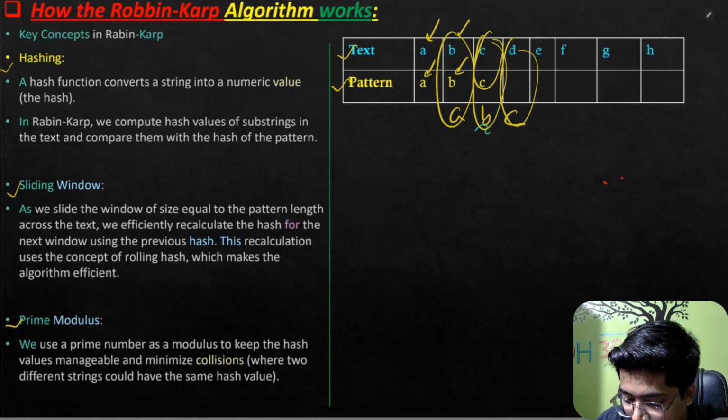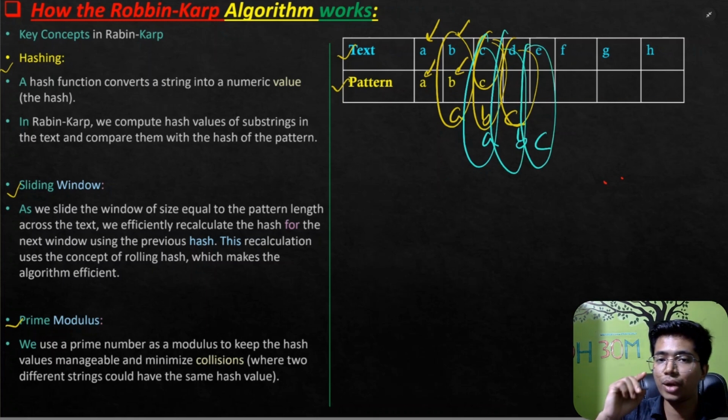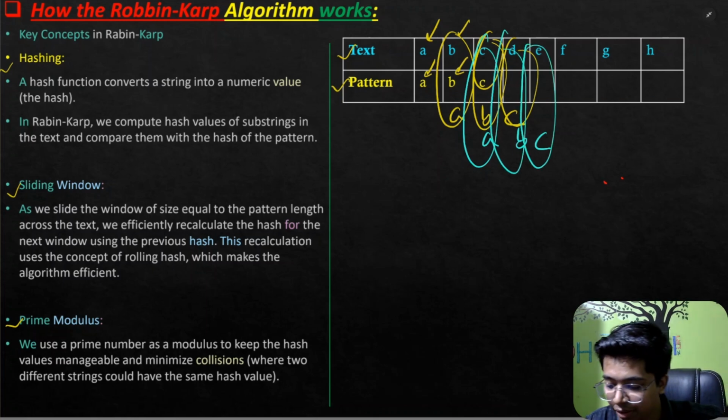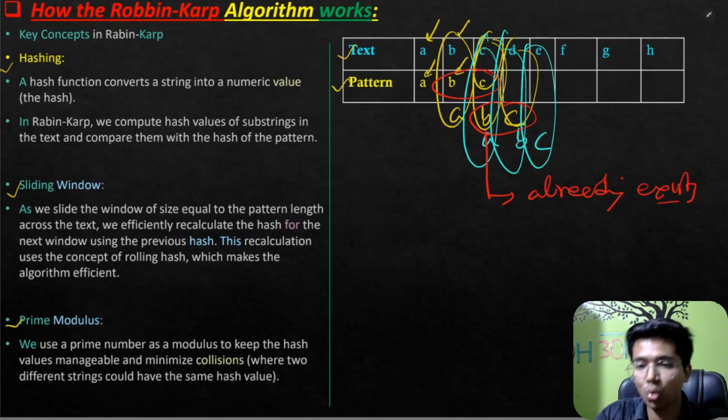After that we again shift like this to ABC, and look, every time we are keeping matching, that means there is repetition. Look here, here is the same BC intersection, so there is repetition. These already exist and we are again comparing those already existing characters in the naive approach.